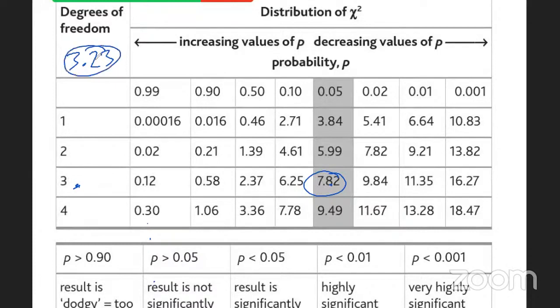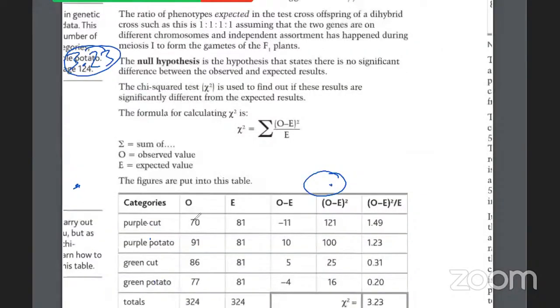Once the answer that you calculated is less than the critical value, you're going to accept your null hypothesis, which means that the difference between our observed and expected is purely due to chance.